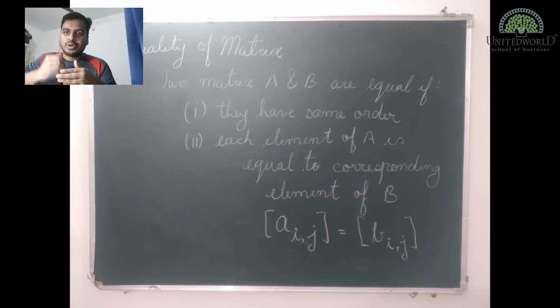The second condition for two matrices to be equal is each of their corresponding elements must be equal. Now what do we mean by corresponding element?